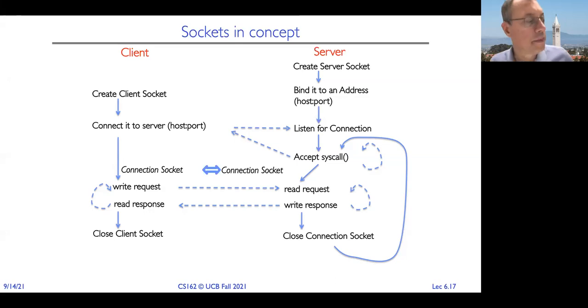I didn't say that, but the well-known port numbers are from 0 to 1023. You can only bind them if you have root privileges. If you are just a user, you cannot bind to these ports. So if you want to run the web server only as a user, typically people use 8080 as the port number.